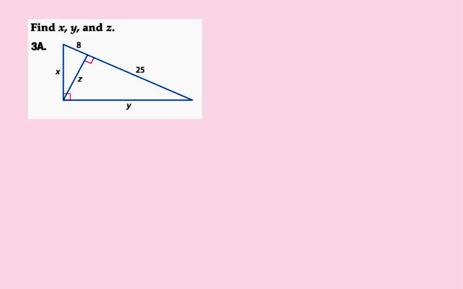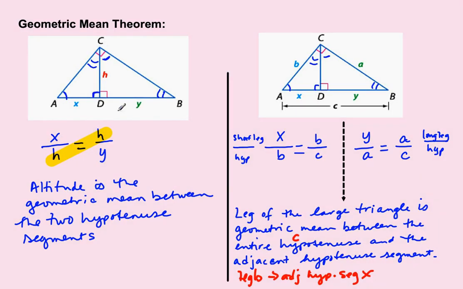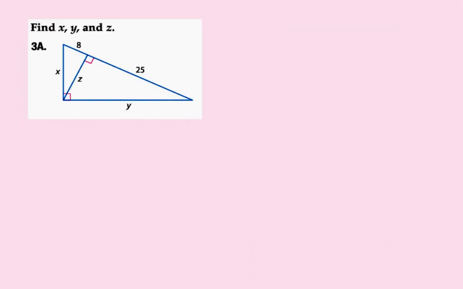Here we go. All right, solve for X, Y, and Z. So again, I see a right triangle, I see an altitude. I'm going to go for Z right off the bat because this reminds me of the idea that we just did here. We said that the altitude is a geometric mean between the two segments of the hypotenuse.